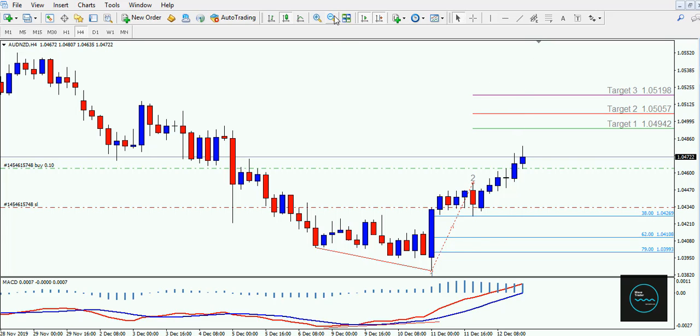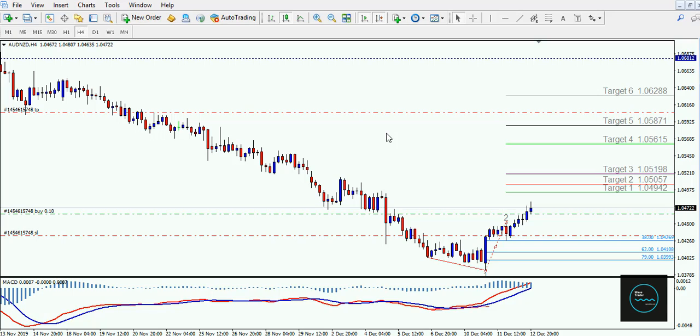Okay, now because I had previously taken my Fibonacci levels on the weekly time frame, this is why my profit target is here. Typically you will want to take your profit in this region, the first, second, or third, okay, maybe even the fourth, and there's nothing stopping me from doing that, okay. So but for now, what do we see?